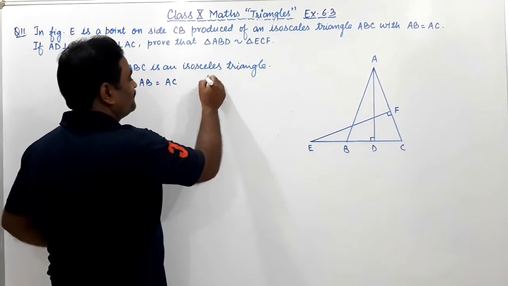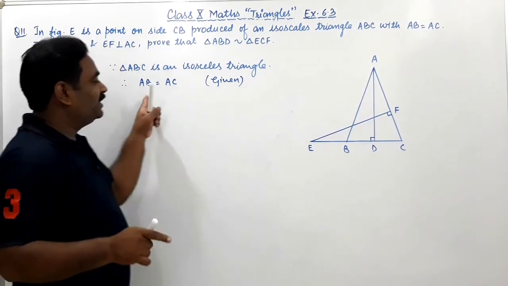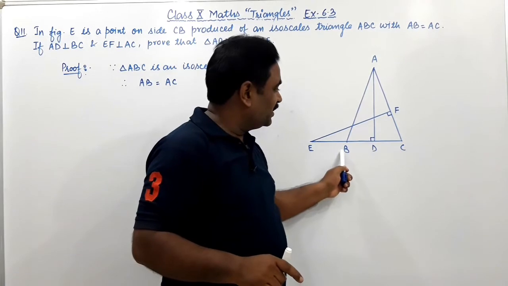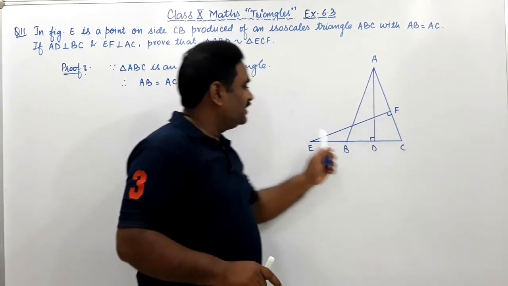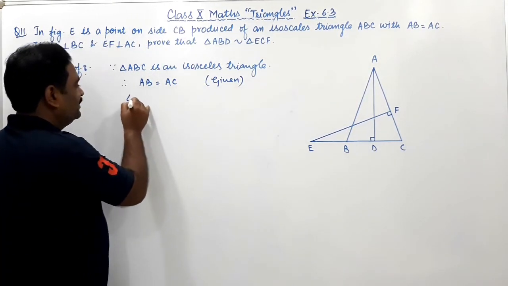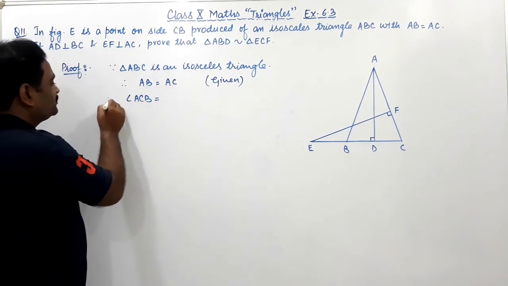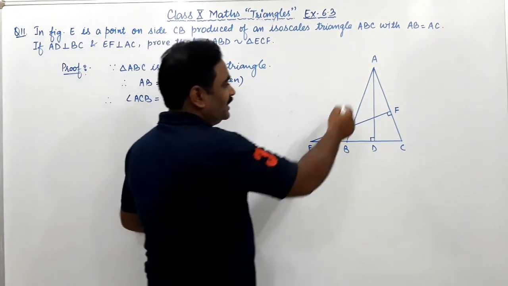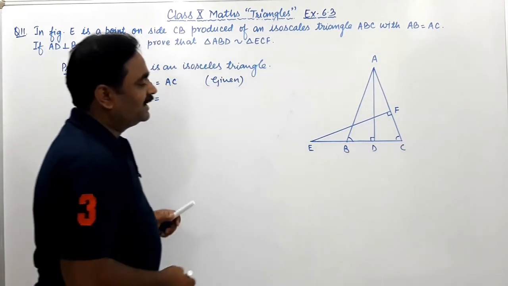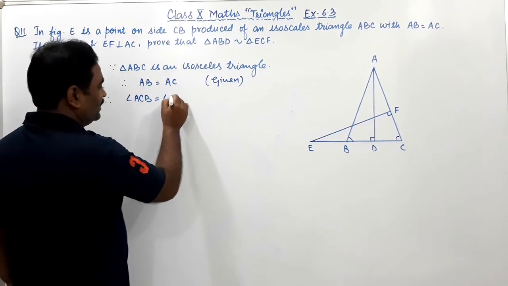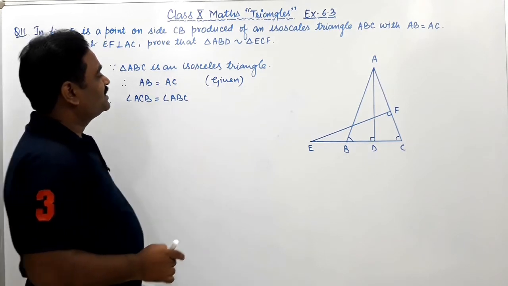It is given in the question. Okay, so the opposite angle of AB is angle C, means angle ACB is equal to the opposite angle of AC, and this is angle ABC. Why are they equal? Because these two sides are equal.